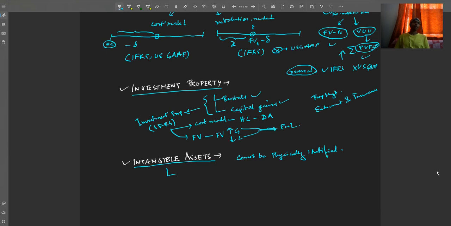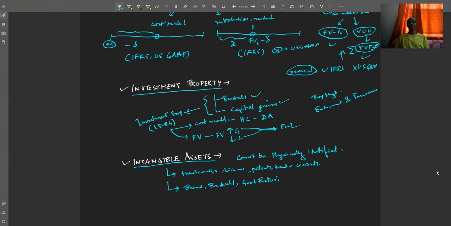These can be things like trademarks, licenses, patents, trade secrets, etc. Now, a company may internally develop some intangible asset which is not at all recognized in the balance sheet. For example, a brand name, brand recall, a good reputation.